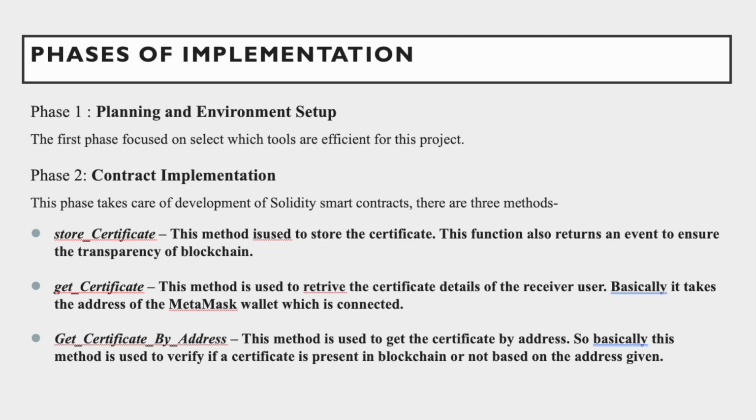Then we implemented the get certificate method that fetches the certificate of the current user using their address as key, and returns the certificate data hash from the block. Then we also implemented the get certificate by address method for verification, which accepts any user address as input and fetches the validity of the certificate for the user verification component, returning the basic certificate data for verification.